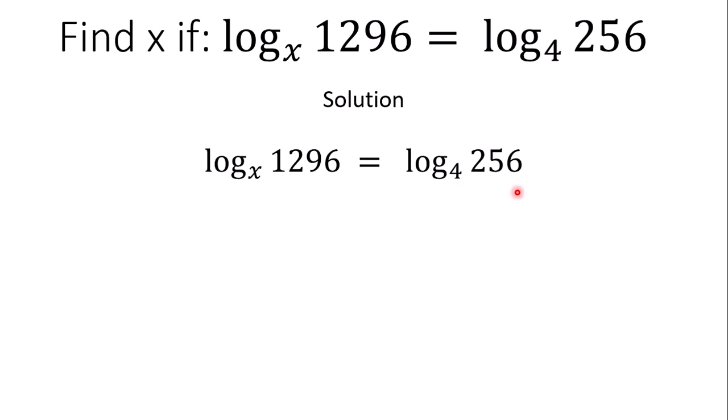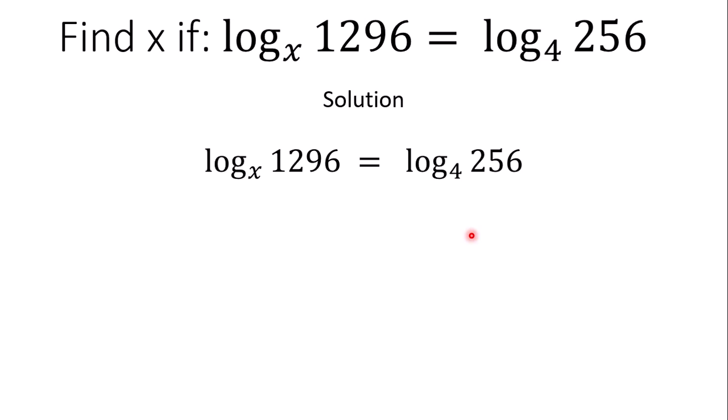Now 256, well, what can we do to reduce this one? The base is 4. So what can we do to reduce this one? Those of us who punch this equation on your calculator, it will give you the value, but when you are writing it, I don't think you just say the value is maybe 1, maybe 2, without working it out, without anything backing your answer.